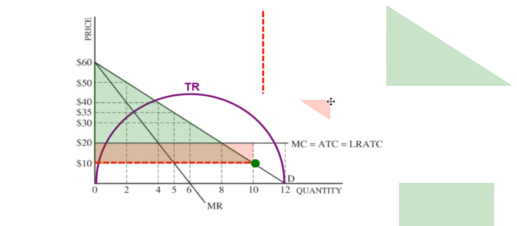So you just need to figure out the area in numbers of this triangle right here, and that's going to give you your deadweight loss. Okay. I got confused there.